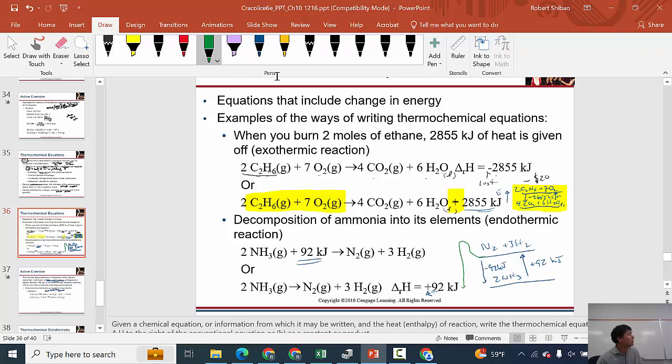The uphill part is we have to break the bonds. Breaking the bonds in nitrogen is extremely difficult because nitrogen has something that's called a triple bond. And triple bond is very, very stable. And therefore, we have to break that triple bond or close to it in order to get this to react. And it turns out it's not so easy. In fact, nitrogen, they call it a pseudo-inert gas or pseudo-noble gas.